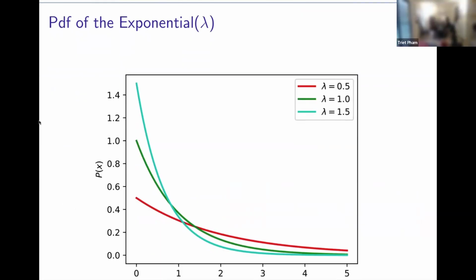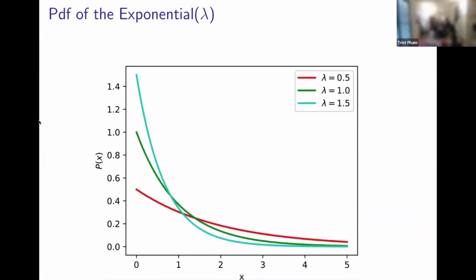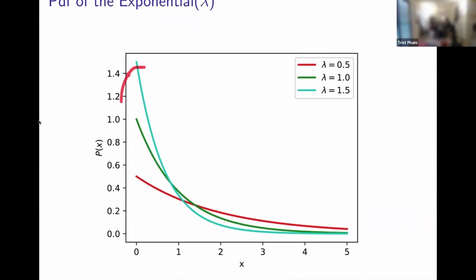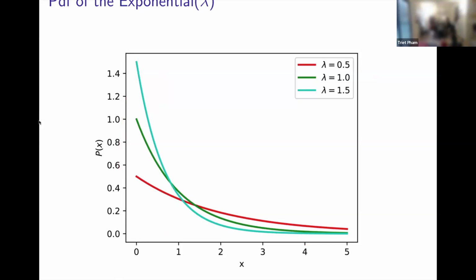Let's look at, for example, the time it takes for an instrument to malfunction. If you do use an exponential to model it, then you are saying that the likelihood of the instrument breaking down at the beginning of the cycle is higher than the instrument breaking down at the end.